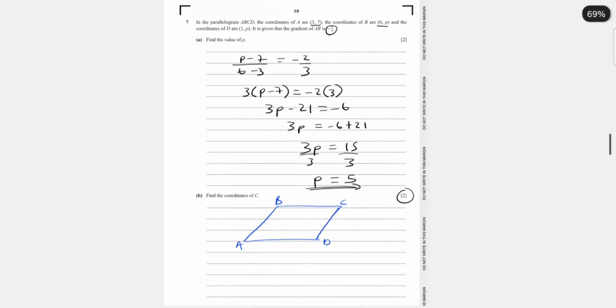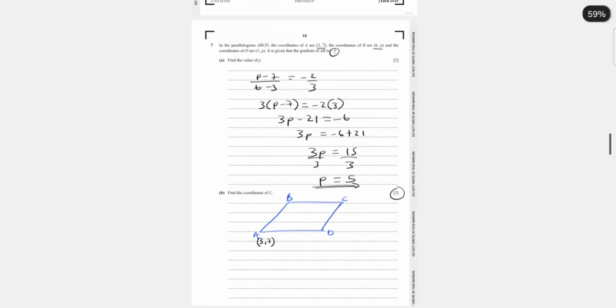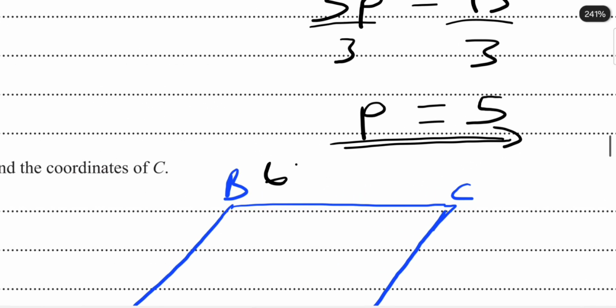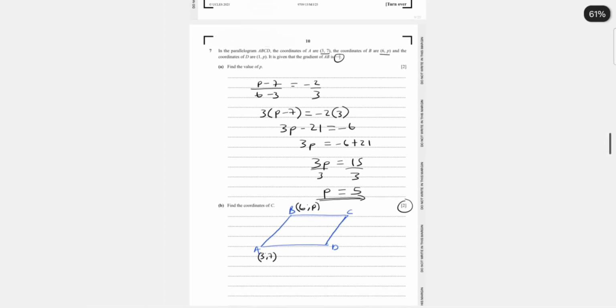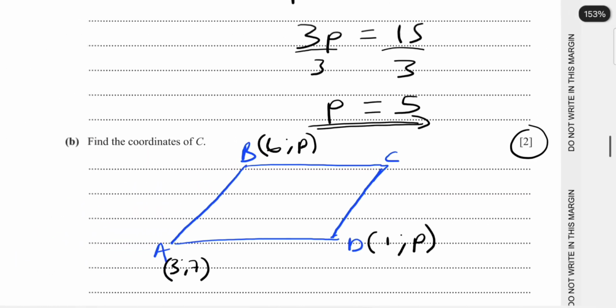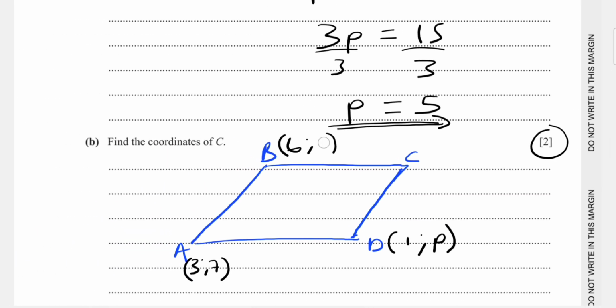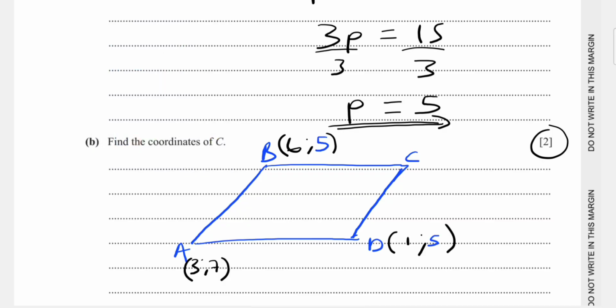So A is (3, 7), B is (6, p), C we're going to find, D is (1, p), right? And we know that p is 5, so I might as well write 5 here and 5 here.